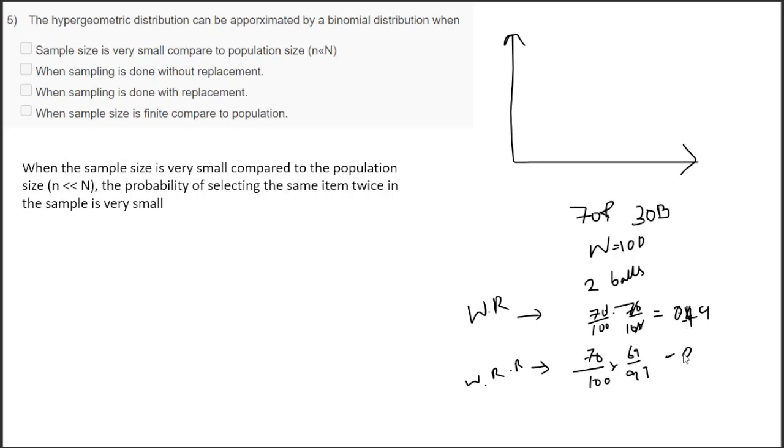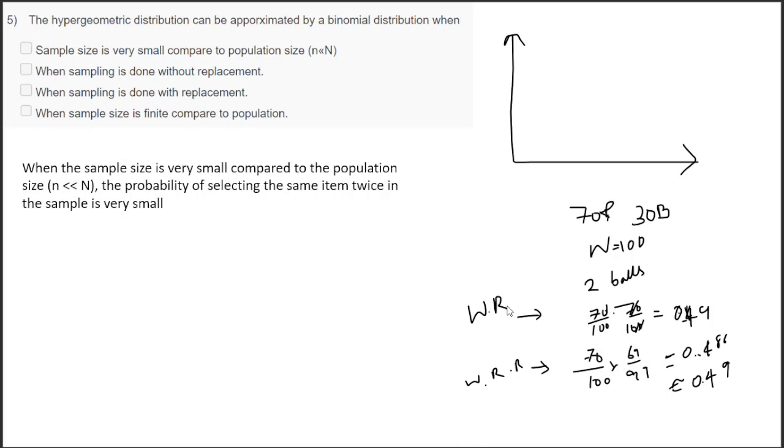This returns close to 0.48, 486 or 7, something close to that. So if you approximate, it also comes to 0.49. So now we can see when the sample size is very small, then this approximation works.